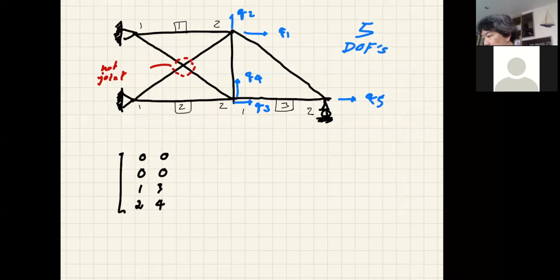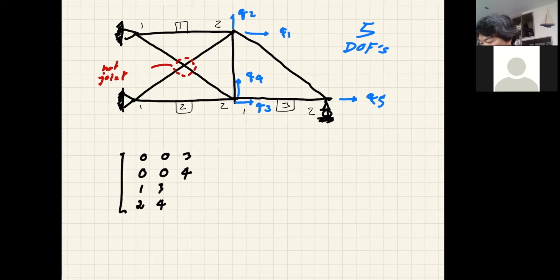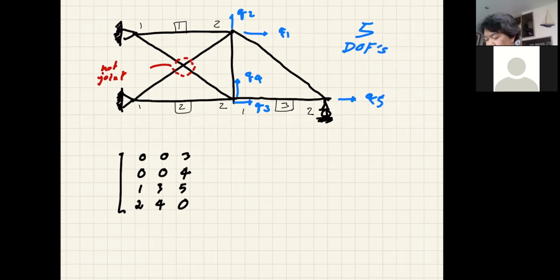For member number 3, when you consider the code, local node 1 is right where you have degree of freedom Q3 and then Q4, right? And local node 2 will have Q5 and then nothing. So it's 5, 0. Okay.